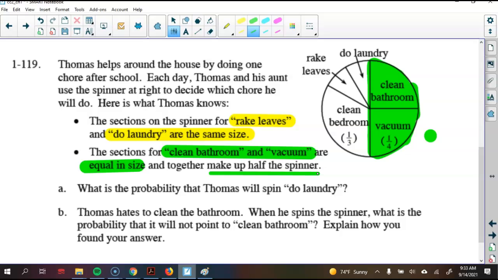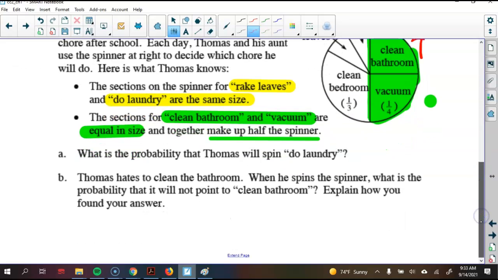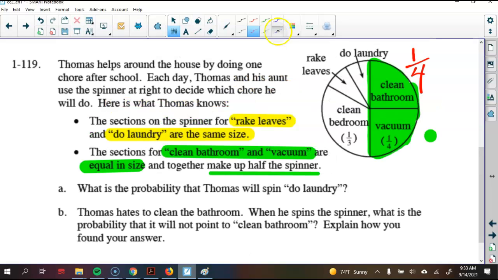So what happens? Anybody, how big is clean bathroom? Yeah, clean bathroom is 1/4 because they said it's equal size. Keep working. Let's see. So you got it all. Now what do you know about these?